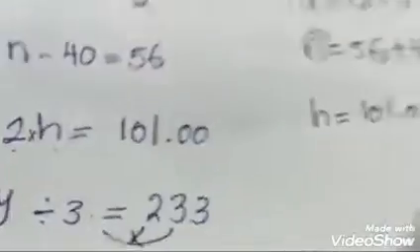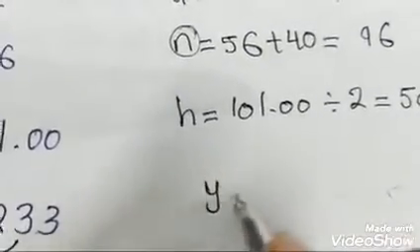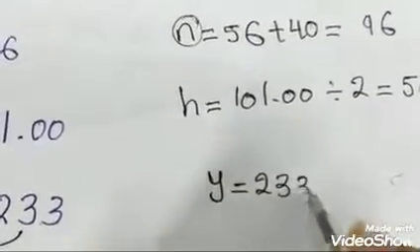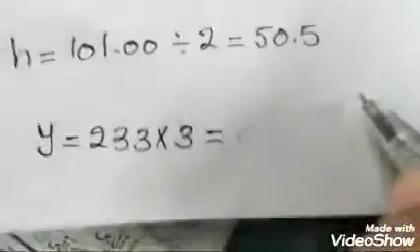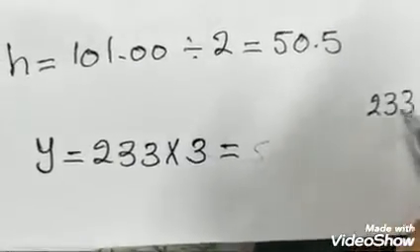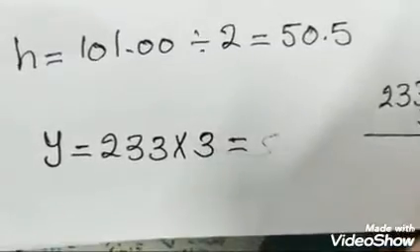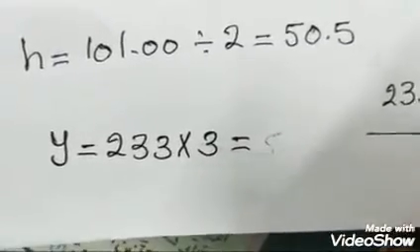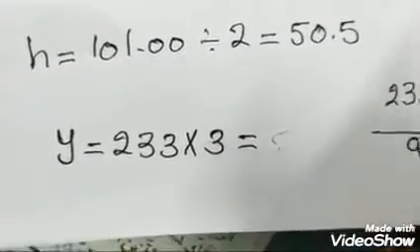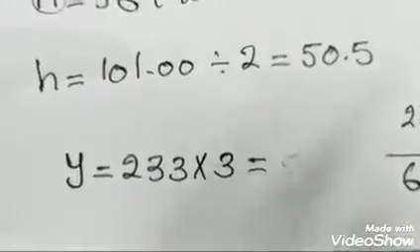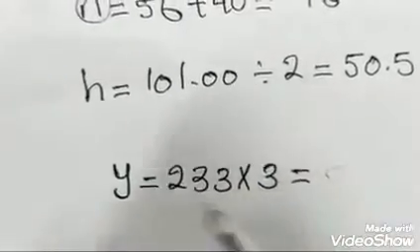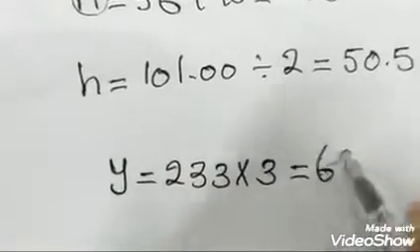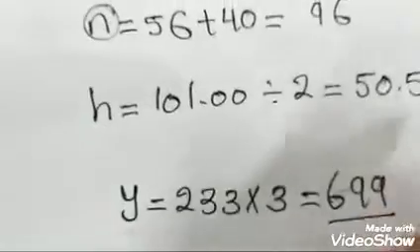I have to multiply y equals 233 multiplied by 3, and I have to align them. 3 times 3 equals 9, 3 times 3 equals 9, 2 times 3 equals 6. Okay, so the result, the unknown or missing number, will be 699.